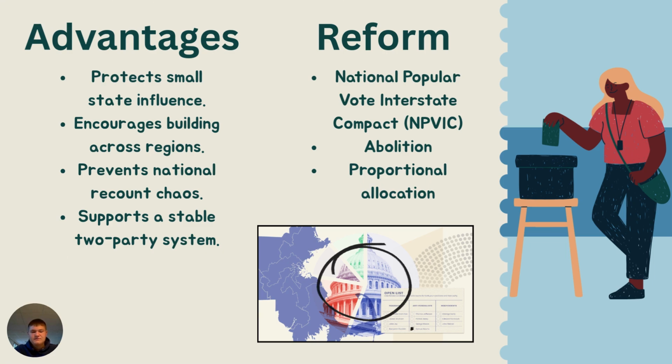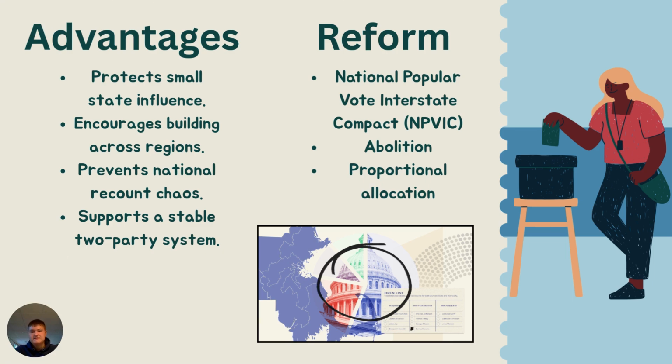Some reform proposals that have been brought up recently, the most significant one, is the National Popular Vote Interstate Compact, or the NPVIC. This is basically an agreement between participating states that they will appoint their electors to the winner of the national popular vote, regardless of how their state voted.